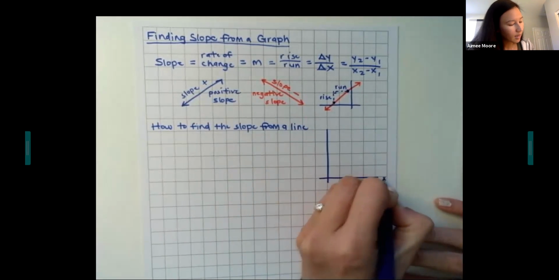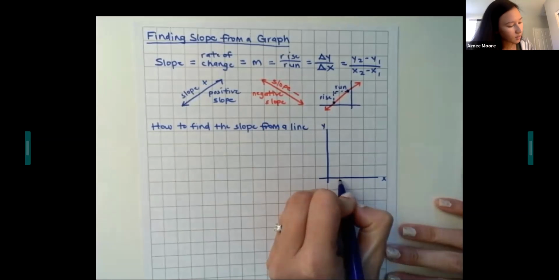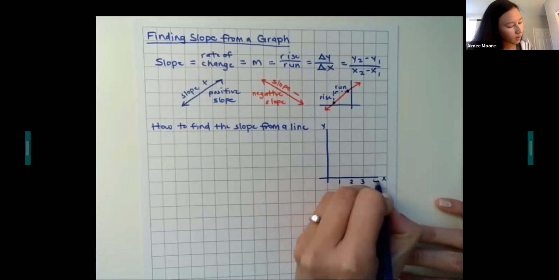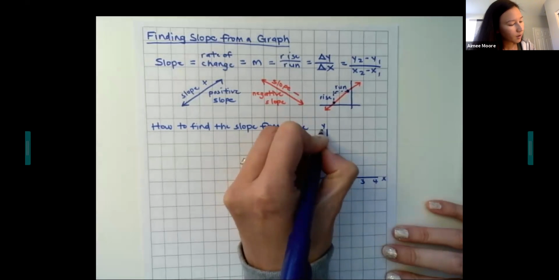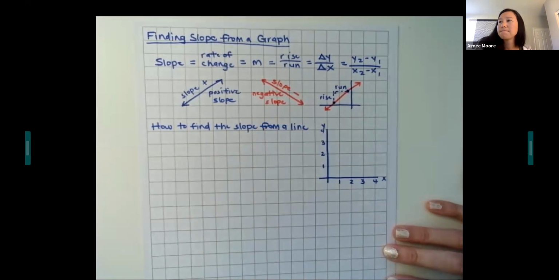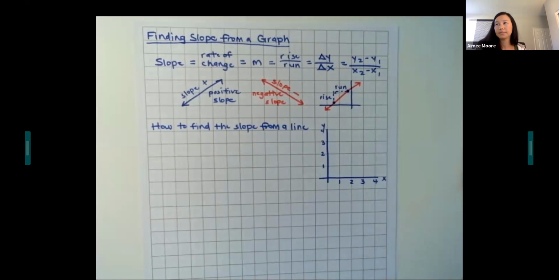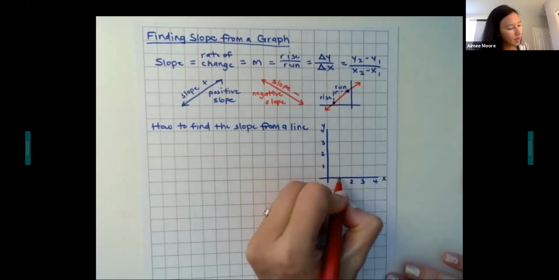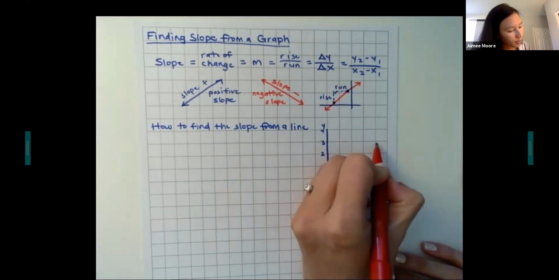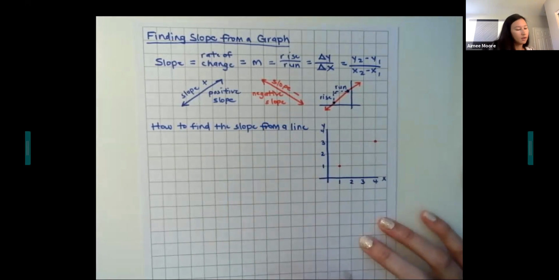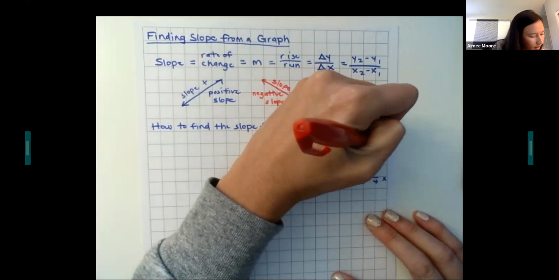We have our x-axis, we have our y-axis, 1, 2, 3, 4. 1, 2, 3, 4. And then you're going to plot a point at 1, 1 and at 4, 3. And then sketch your line.